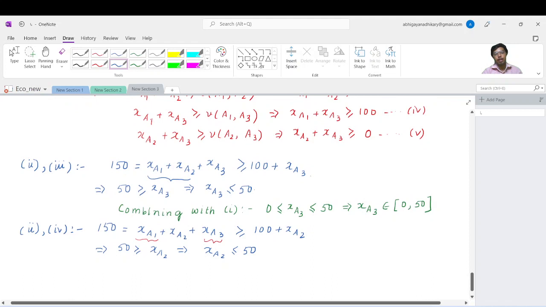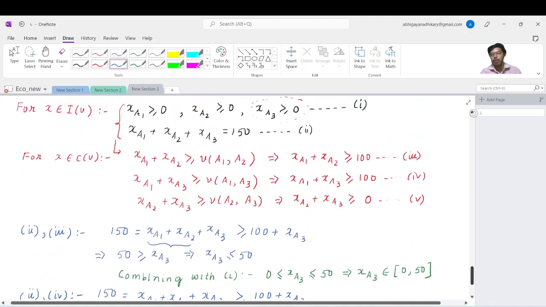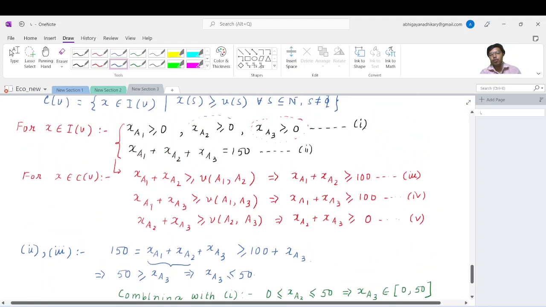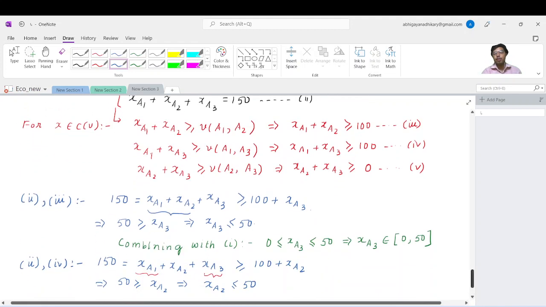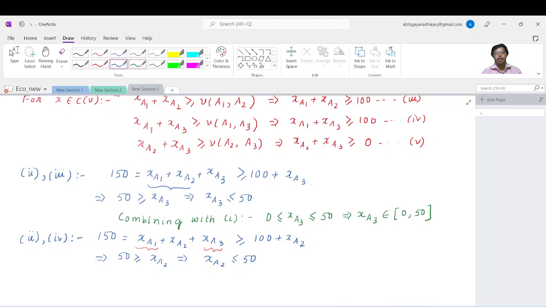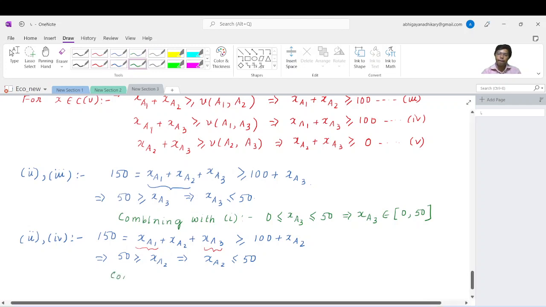And again from equation 1 we have a lower bound for x of a2, which is 0. So combining with equation 1, 0 is less than or equal to x of a2, which is less than or equal to 50. That means x of a2 belongs to the same interval, 0 to 50.